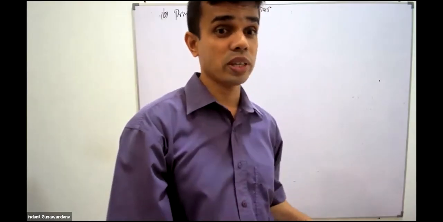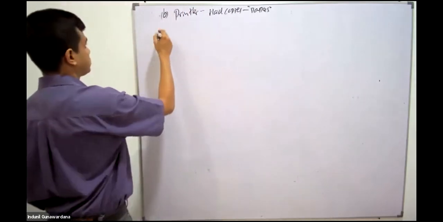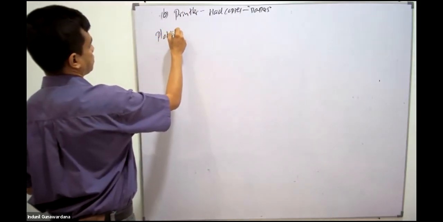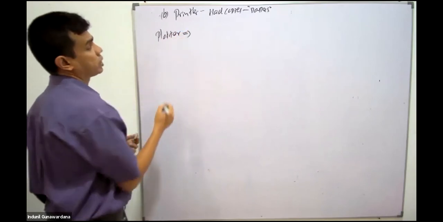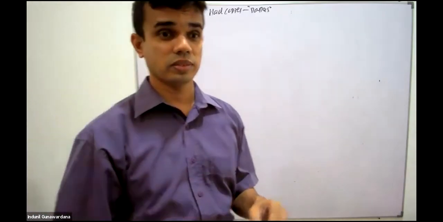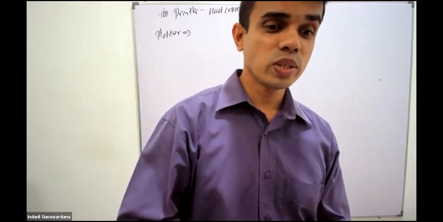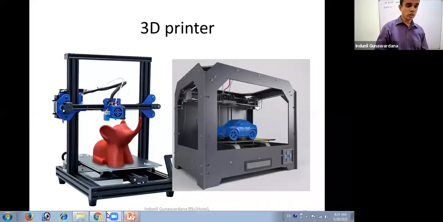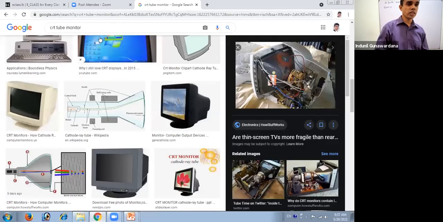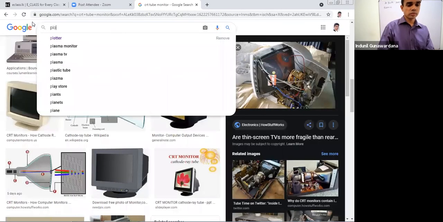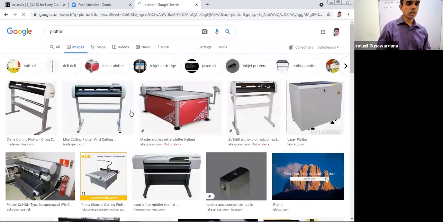Called as plotter. Right. What is the plotter? Still, in your O levels you did it, so it's not a strange object for you. If I just show you the images here, these are the plotters.